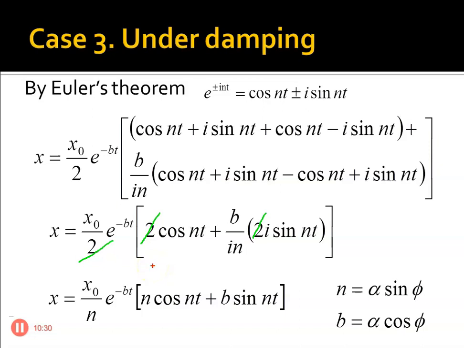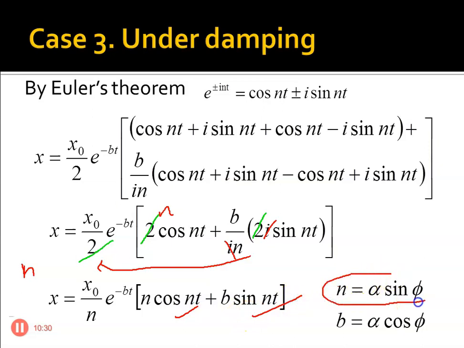Similarly, this i and i will get cancelled. After cancelling, take n common outside. So x naught by n e power minus bt, you have to multiply here, so n cos nt and b sin nt.